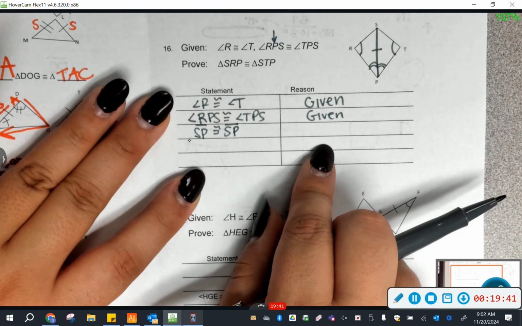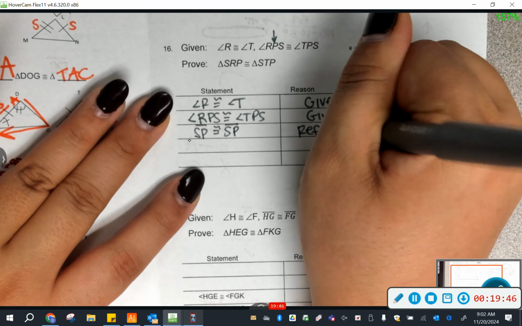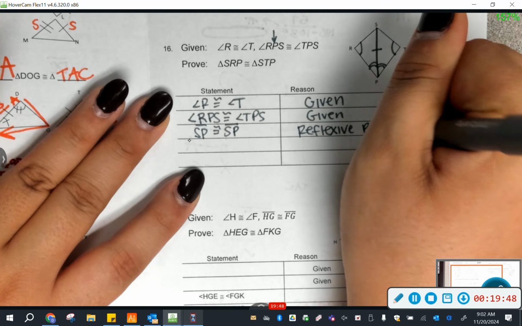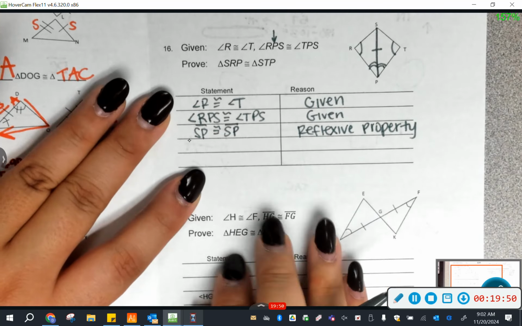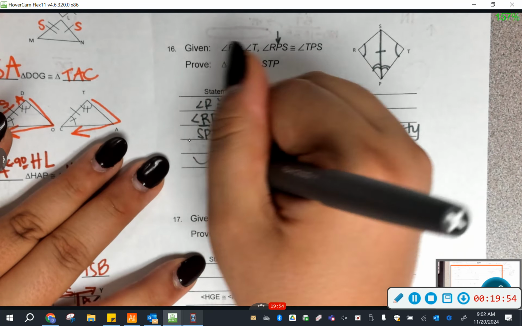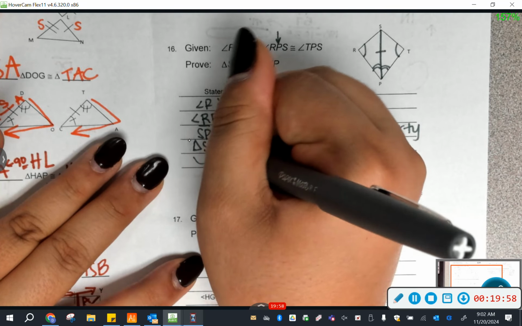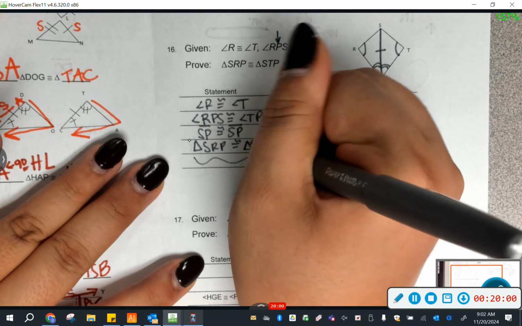Reflexive property. Remember we chose that yesterday? Oh, I'm not going to remember that tomorrow. You have a word bank tomorrow. And this one has an extra line, by the way. We end with our prove: triangle SRP is congruent to triangle STP.